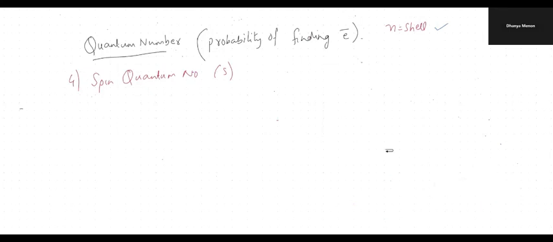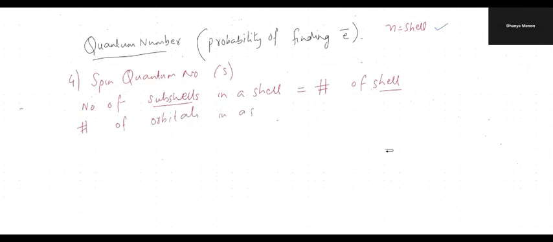For example, the number of subshells in a shell is equal to the number of the shell. So that many subshells will be there. The subshells are S, P, D, and F. The number of orbitals in a shell is given by n square.